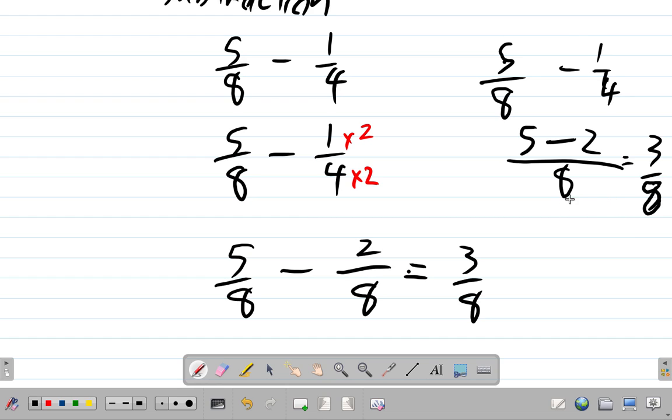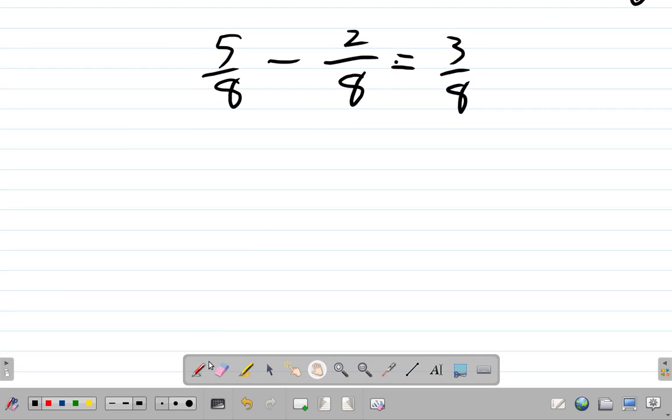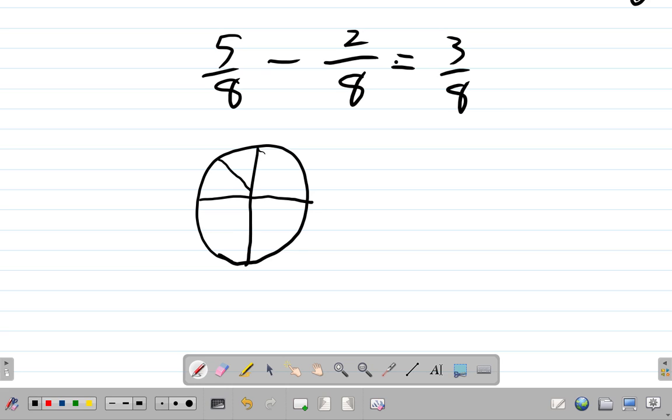Now, the 5/8 minus a quarter, with a diagram, you could have looked at it this way. You have this cut up into how many parts? 8 parts. And you have how many eighths? 1, 2, 3, 4, 5 eighths. Now the quarter would be the same as 2/8.